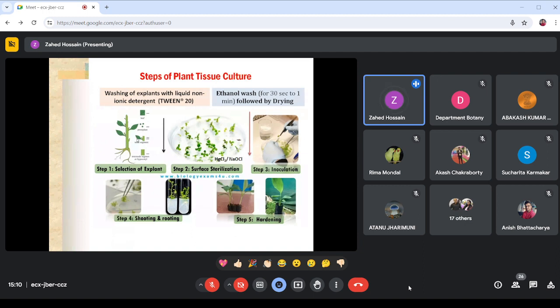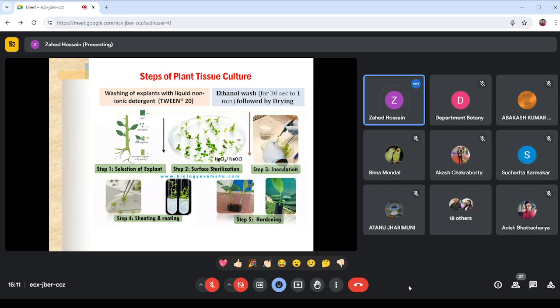Now, just the last part. These are the basic steps of plant tissue culture. It starts with the selection of explant, or the collection of plant material. Plant material you can collect from nature, from the field, or from the market.